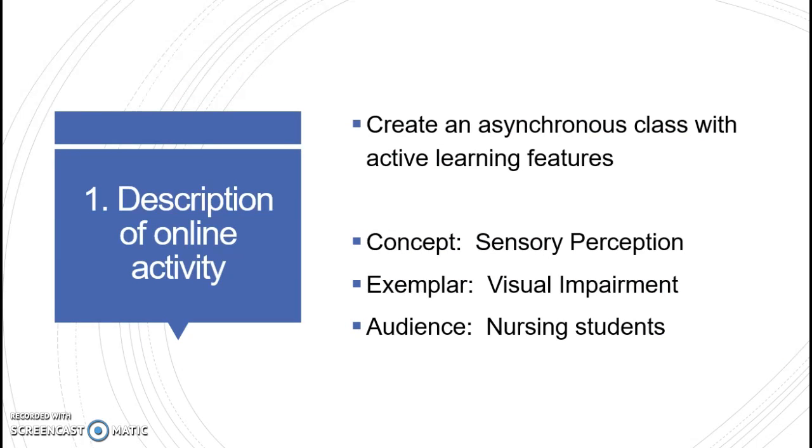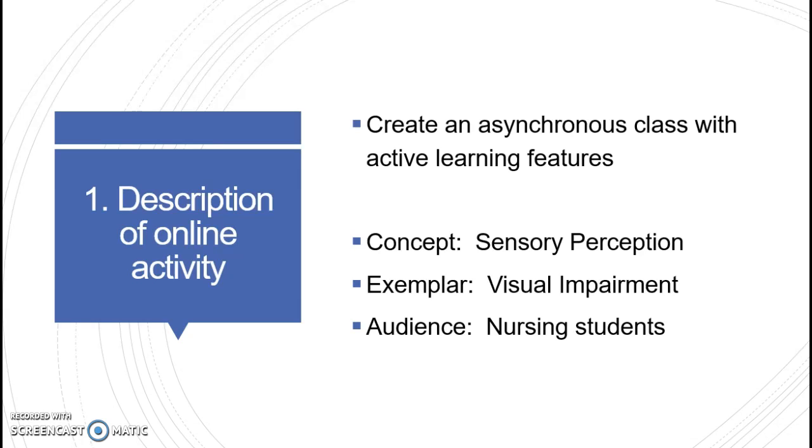semester. So the activity itself is, I would like to create an asynchronous class with a variety of what I call active learning features. And in this case, our curriculum is a concept-based curriculum. Nursing students are generalists.